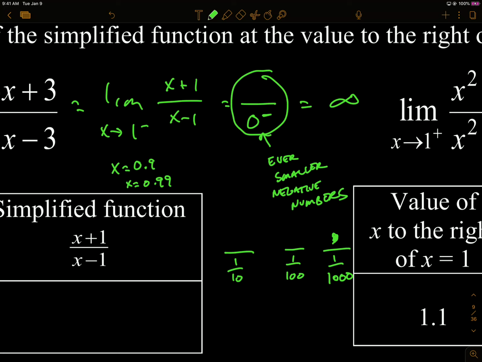Well, how do we simplify dividing by a fraction? Instead, we multiply by its reciprocal. So instead of dividing by 1 over 100, I multiply by 100. Instead of dividing by 1 over 1,000, I multiply by 1,000. So whenever your denominator gets ever smaller and approaches 0, your overall number is going to go to infinity. So we just have to decide, is it positive infinity or negative infinity?